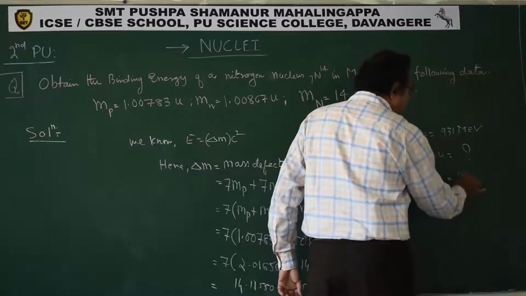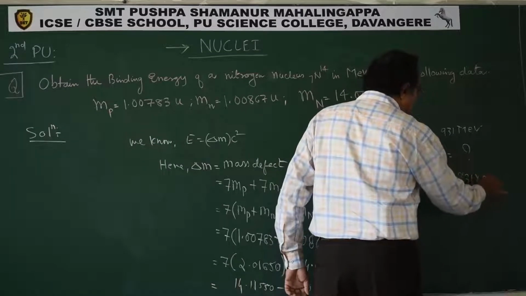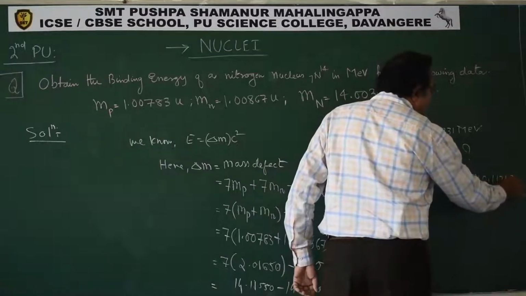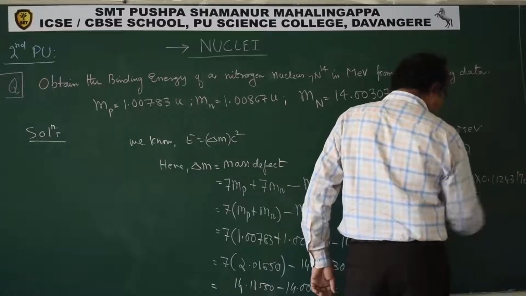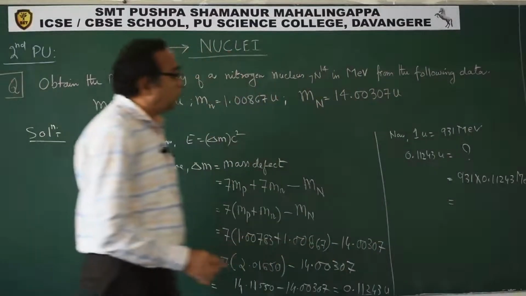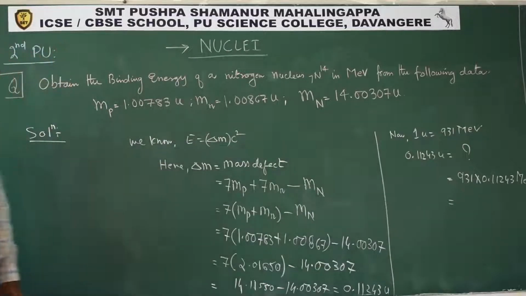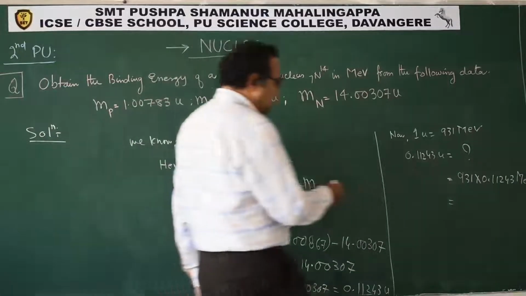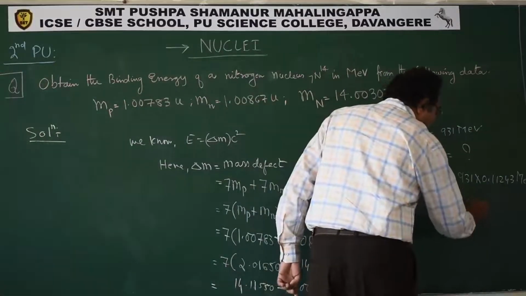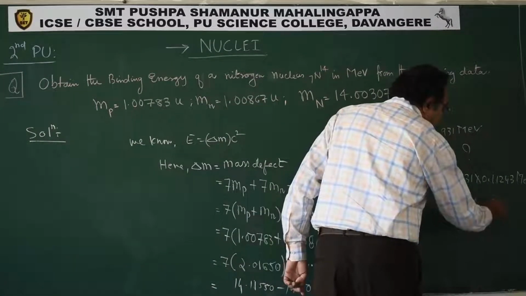That is 931 into 0.11243. This will come out in MeV. So this comes out as 104.67 MeV.